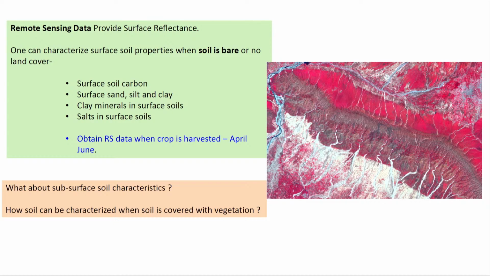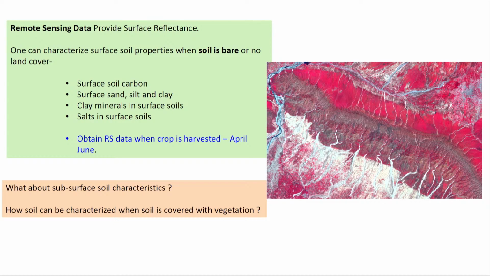One can characterize surface soil properties when the soil is bare, when there is no cover and no vegetation. Then we can use these reflectance characteristics to correlate and study soil carbon, and the sand, silt, clay minerals in the surface soils, or salt present in the surface soils.